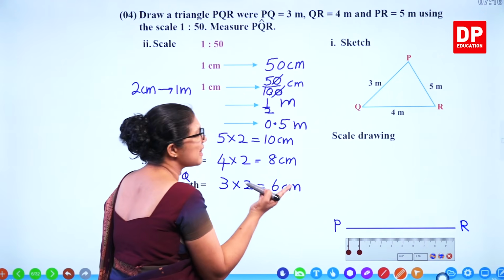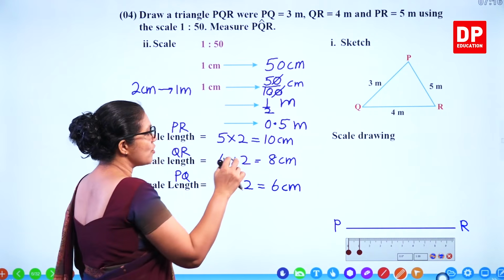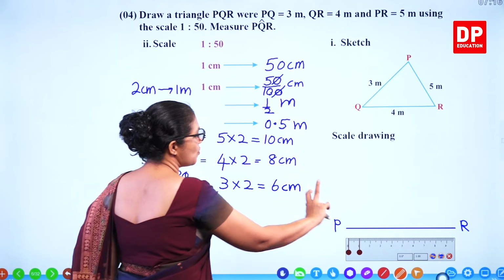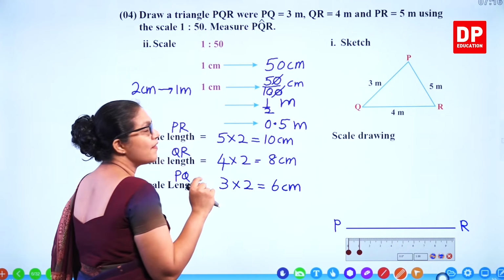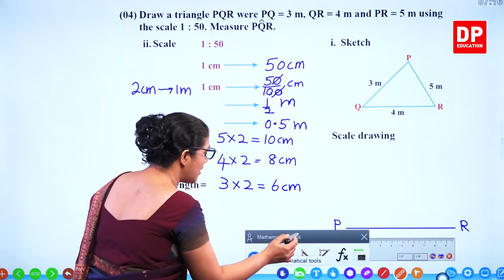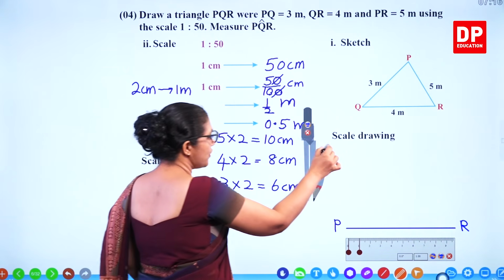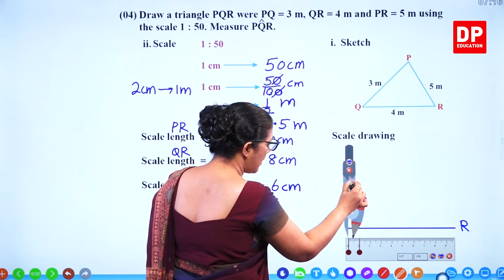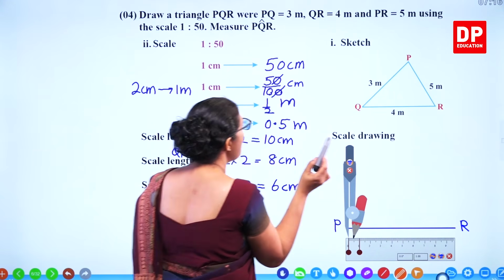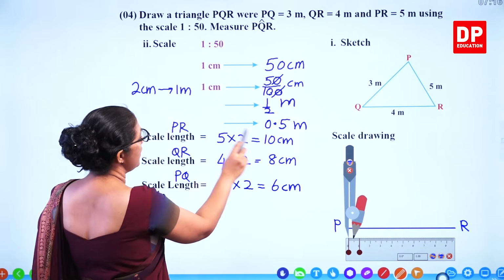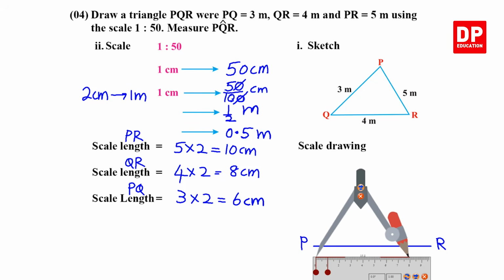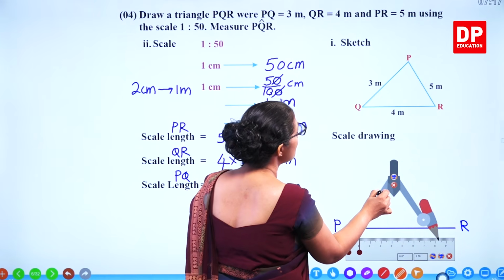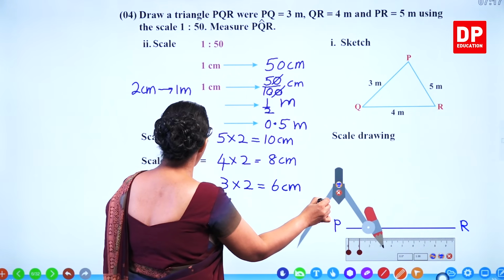Now we have to take the compass. Because we need to measure this one and draw an arc here, and take the compass and measure the other length. So this time we need a compass to draw the 2 arcs. So take the ruler. Now what's the other length? PR we did. QR 8 centimeters. So take 8 centimeter length and you can draw the QR.